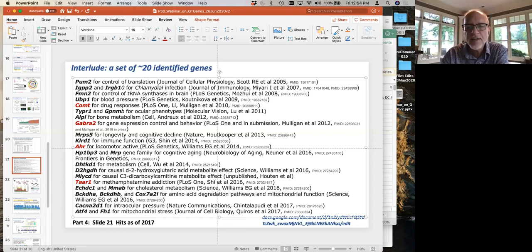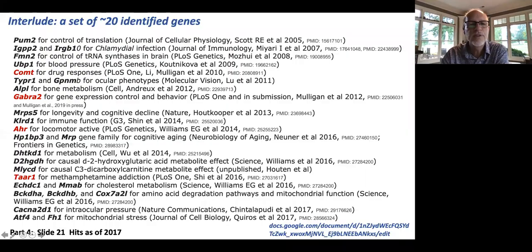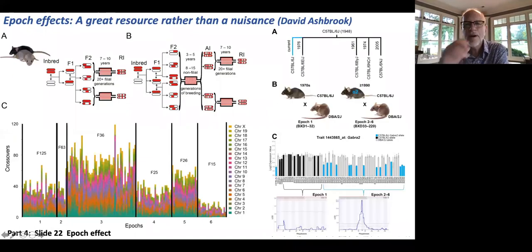Oops, let me get back to this mode of epoch effect. I think I'm going to have to skip over epoch effect more quickly than I intended, but the BXDs are quite unusual in that people like Lulu and myself have been extending them, and Ben Taylor extended them quite a bit.